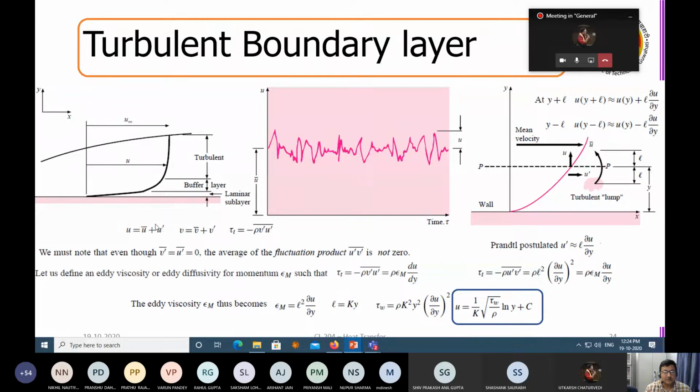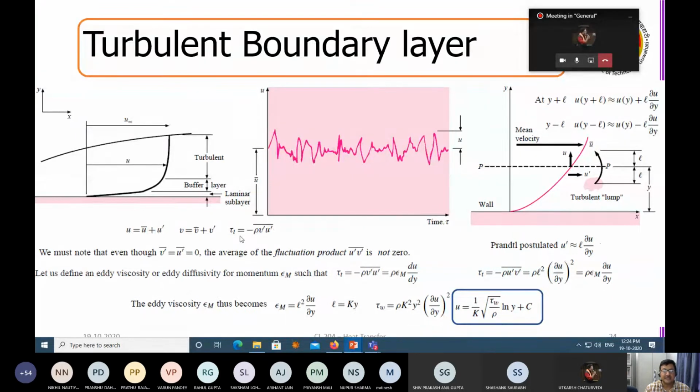So what you do, you define a framework like there is a U mean, and there is a U fluctuation, there's a V mean, there's a V fluctuation, and then what you define, these are called the Reynolds stresses, okay? What is Reynolds stress? You define these fluctuating parts as generating an inertia, which is rho V dot U dot. This is an inertia that has been generated.